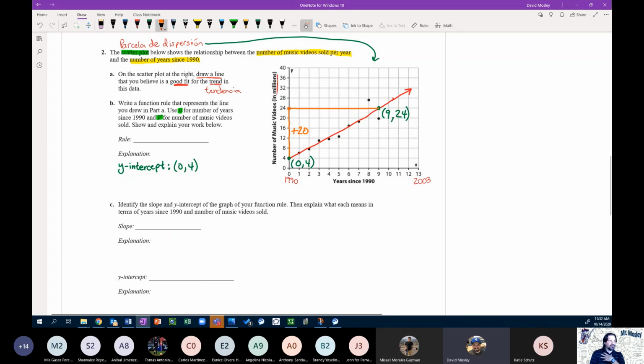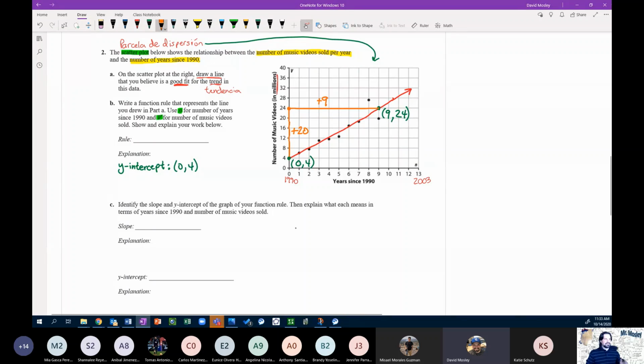And from 0 to 9 on x, how much did we increase? I'm going to guess 9. 9. Yes. Yes, 9. Thank you, Ms. Schutz. And thank you, Shanley and Annie.